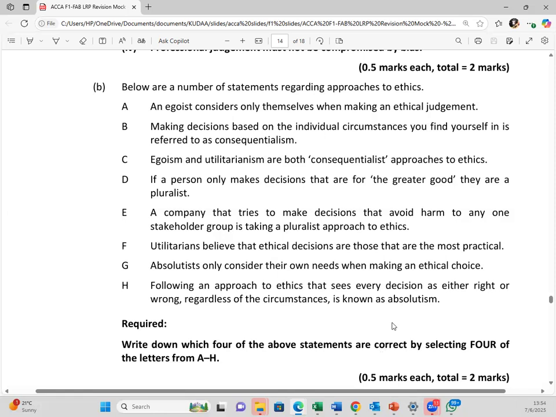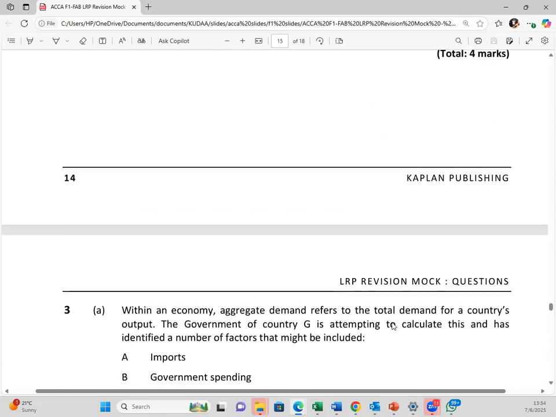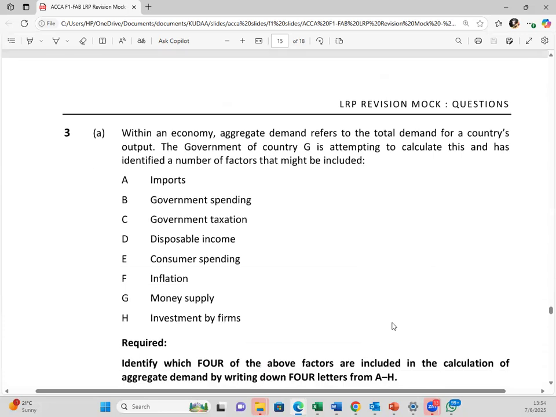So let's now move on. Within an economy, aggregate demand refers to the total demand of a country's output. The government of country G is attempting to calculate this and has identified a number of factors that might be included.